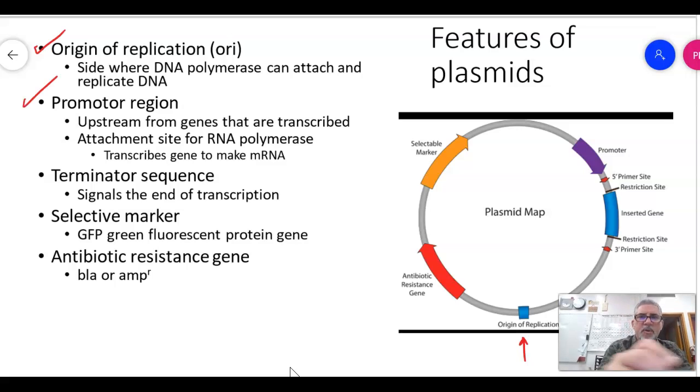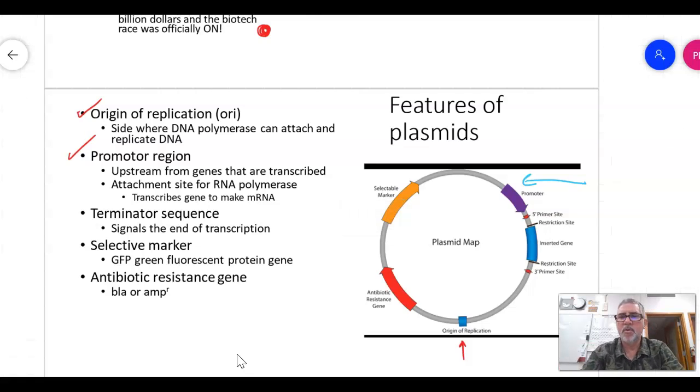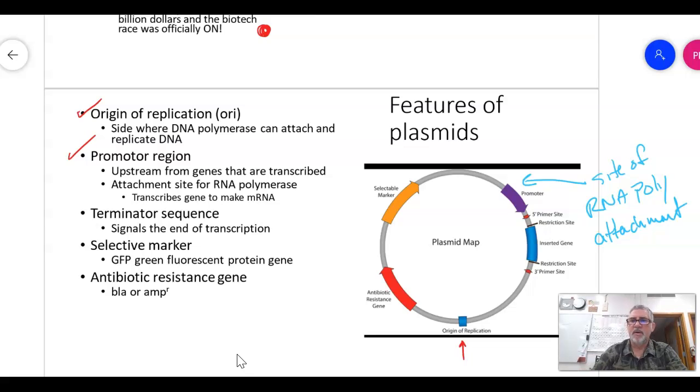They should have a promoter region. So remember a promoter is the site of RNA polymerase attachment.